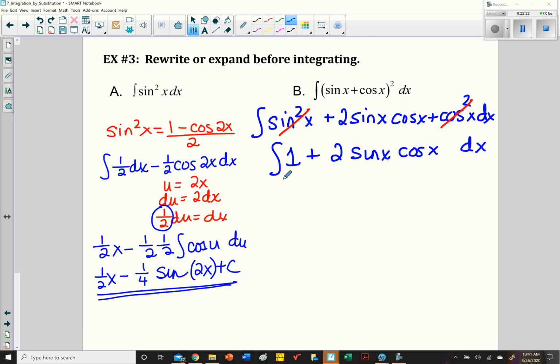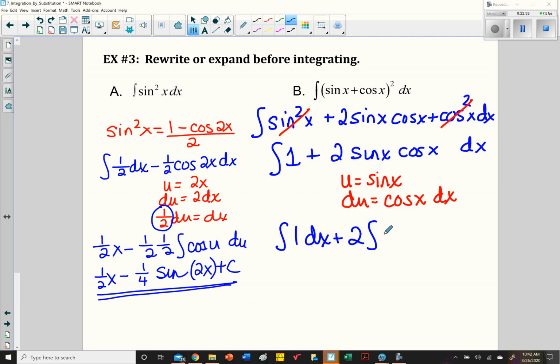becomes more manageable. So in this particular case, we'll do as the other one. We'll separate the two and use sine for my u, because cosine is the du. And then we can use these for u substitution in the second part. So integrating 1 with respect to x and integrating 2 u du will give us what we need.